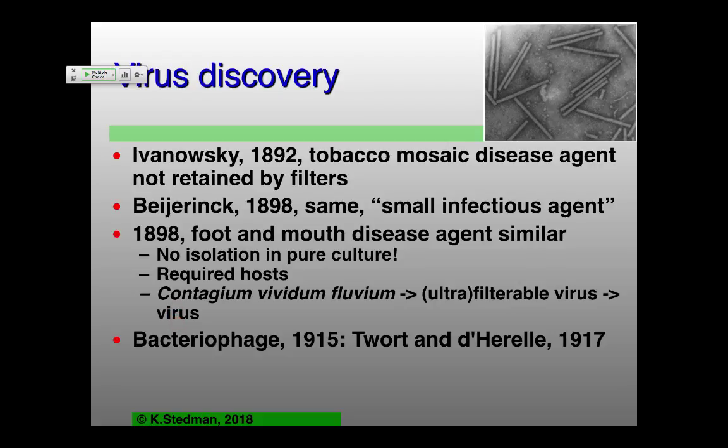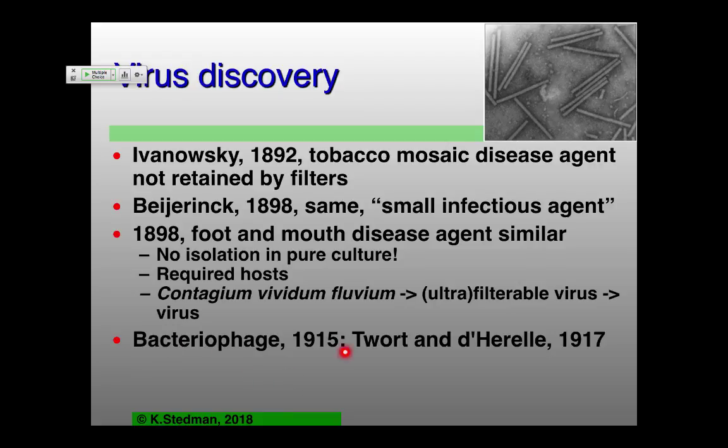The second sort of major discovery in terms of discovery of viruses was also independently done by two different researchers, one in England and one at that point in French-speaking Canada and Quebec, Twort and d'Herelle. D'Herelle is very famous for working on these viruses of bacteria.